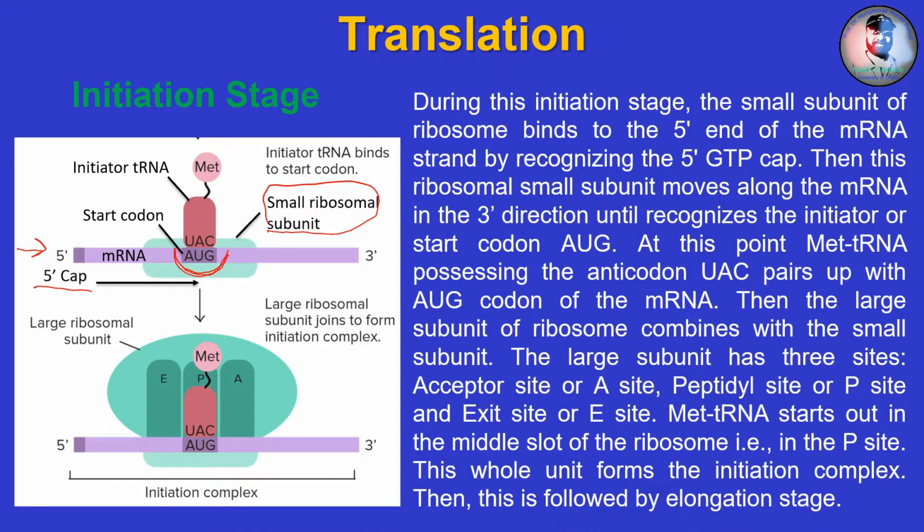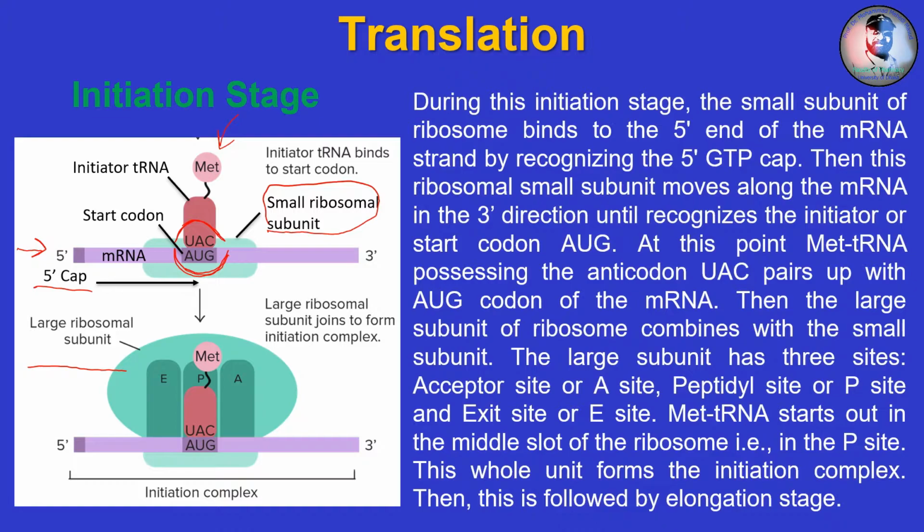At this point, MET-tRNA possessing the anticodon UAC pairs up with the AUG codon of the messenger RNA. Then, the large subunit of the ribosome combines with the small subunit.